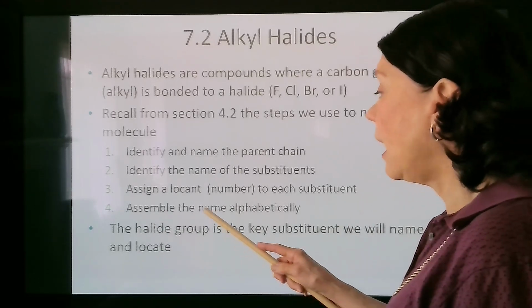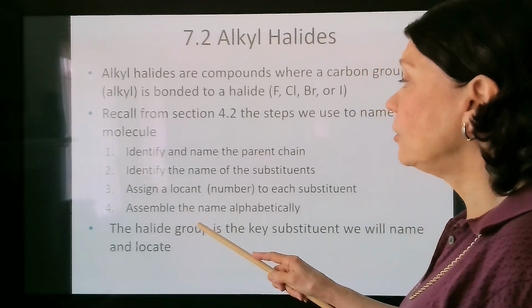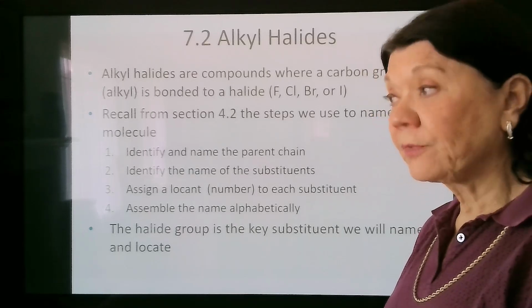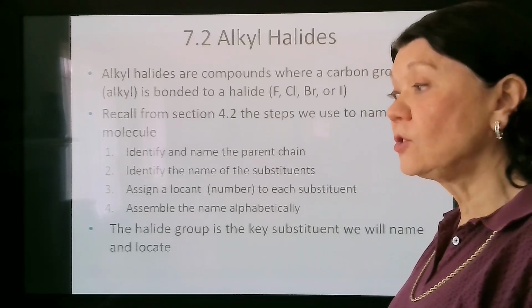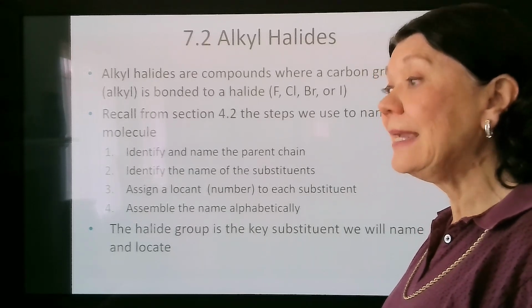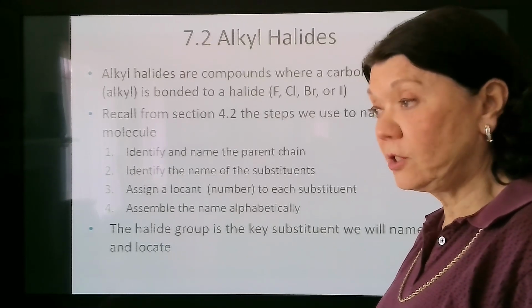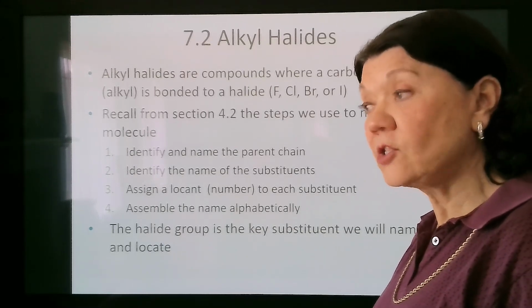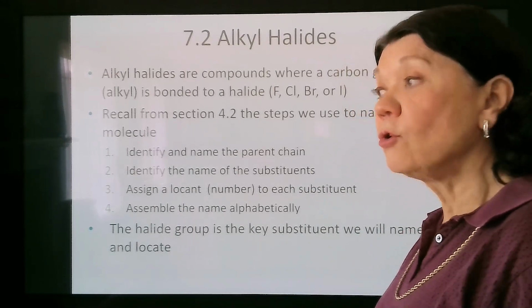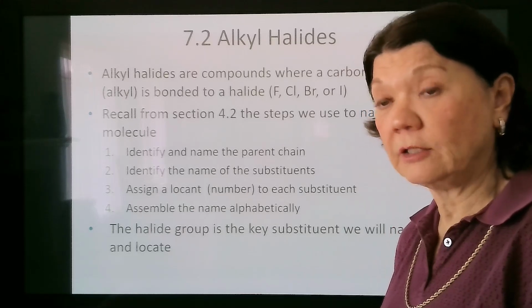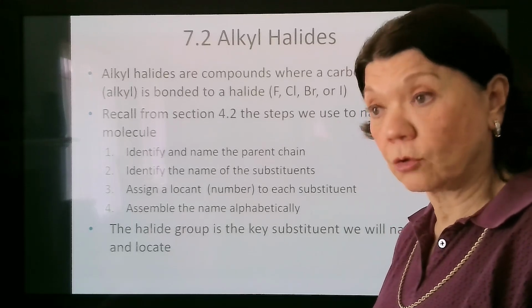However, the halide group is just sort of lumped in with the alkyl groups. In other words, the halo substituent is treated like alkyl substituents in that it is a prefix, and it is alphabetized along with the alkyl groups.